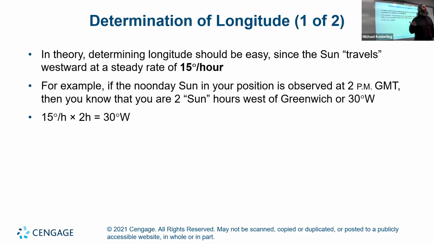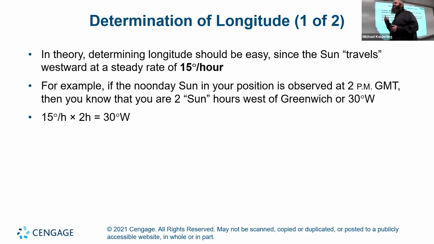Now, interestingly, historically, longitude was much, much harder to measure. Because it turns out to do this, you need accurate clocks that will remain steady and accurate for long periods of time.